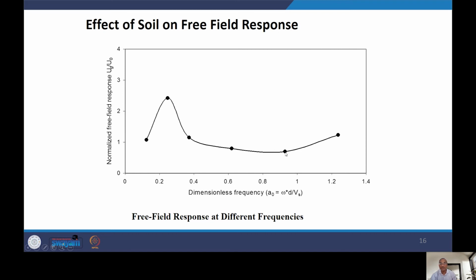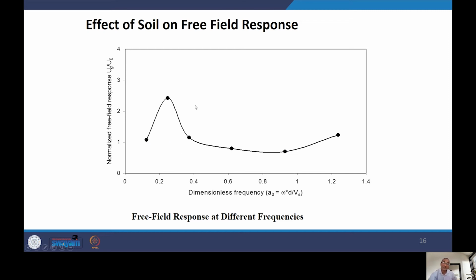After this point, there is a little reverse bounce back. The maximum value of this normalized response is at around 0.24, which is the natural frequency of the system.